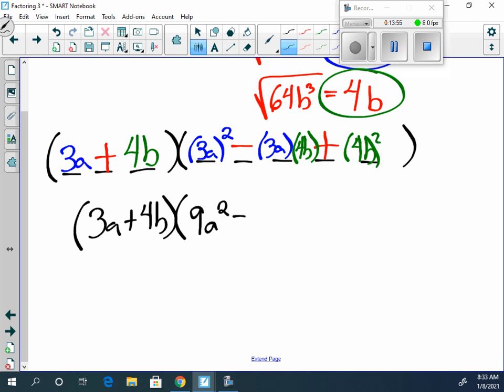Now the middle terms, we're going to have to multiply them together, 3a times 4b. Well, 3 times 4 would give us 12, and then we would just have ab, plus 4b squared. We square both of them, so 4 squared would give us 16, and then we would have b squared.